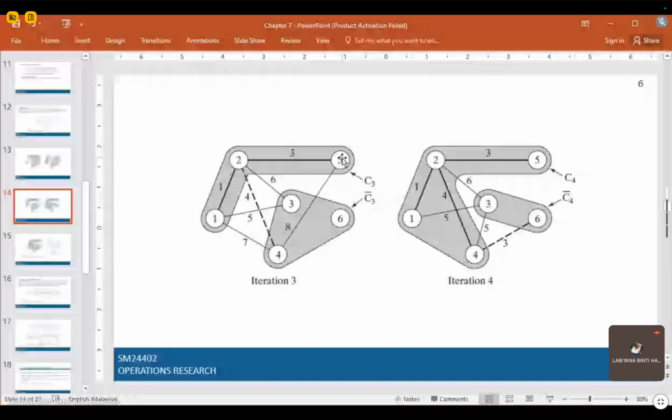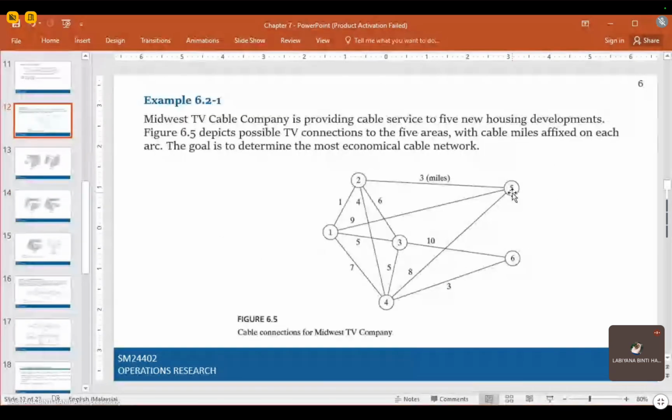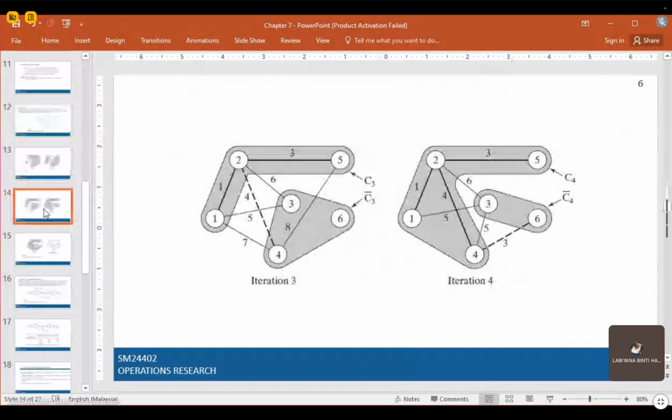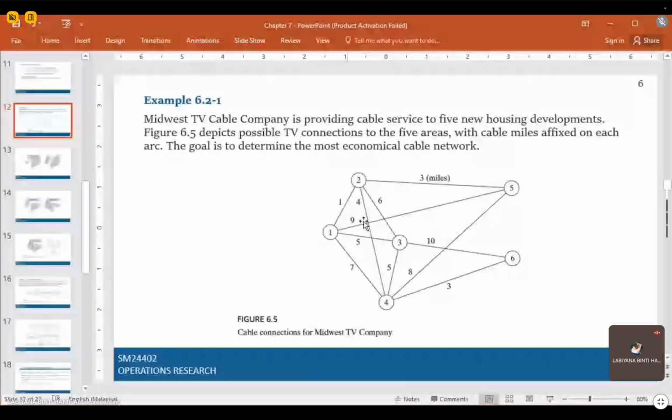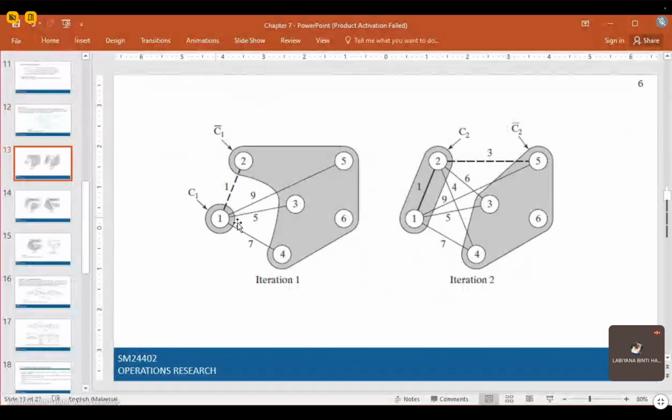We can connect to 4. We don't connect back to 1, because we already connected it in the first iteration.